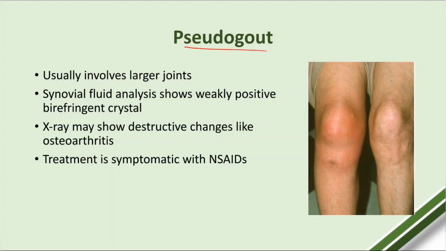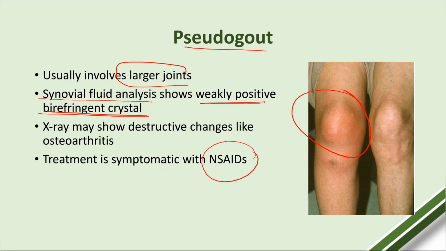We have pseudo gout, a similar thing. It involves joints, but usually larger joints, for example the knee joint. You send the synovial fluid analysis, which shows weakly positive birefringent crystals. X-ray may show destructive changes like osteoarthritis. The treatment is usually symptomatic with non-steroidal anti-inflammatory drugs.